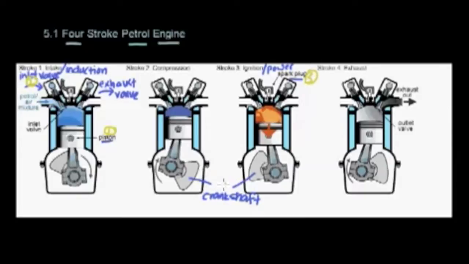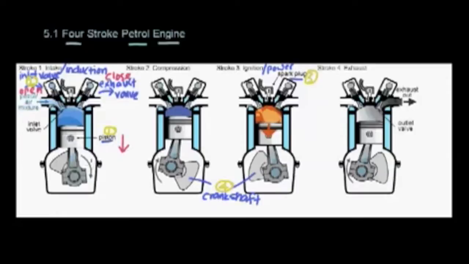Alright, now let's move back to the operation side of the 4-stroke petrol engine. Now, when it works, what happens is this. The inlet valve is open during the induction stroke, while the exhaust valve is closed. The piston will move downwards, and this will create a low pressure region in the cylinder, right?